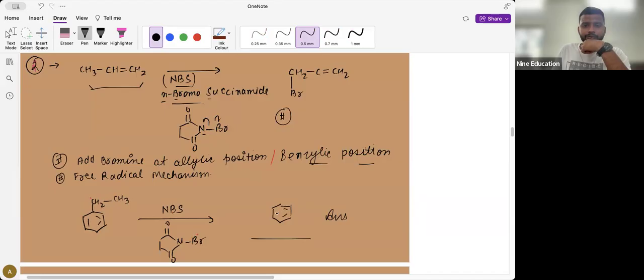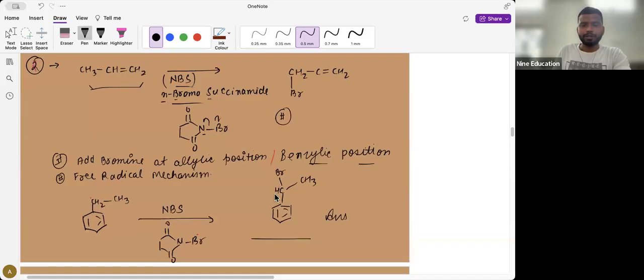The answer of this will be this CH with CH3. This C-H bond will be broken from here, and our Br will come and make a bond here.